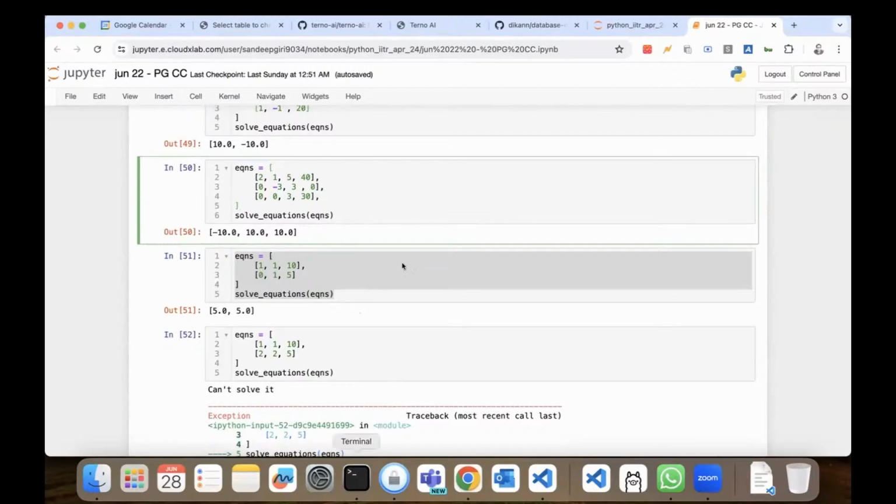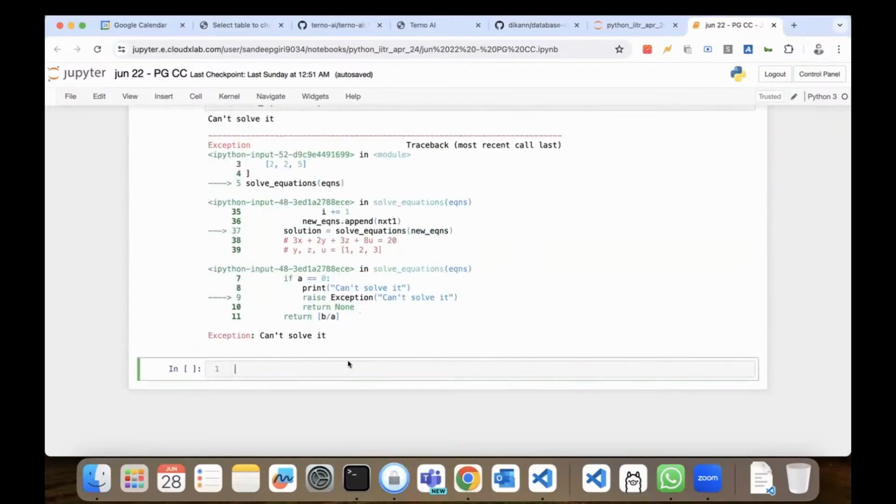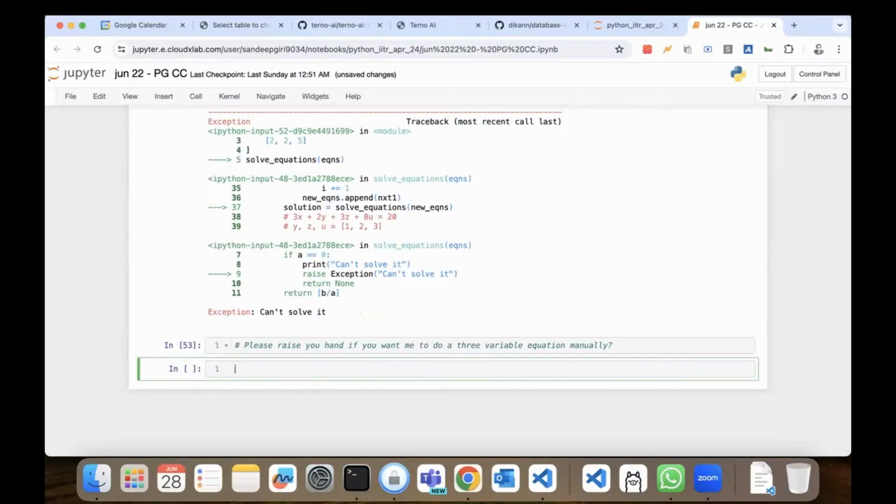Okay, let me do this. Please raise your hand if you want me to do a 3-variable equation manually, before going to the code.